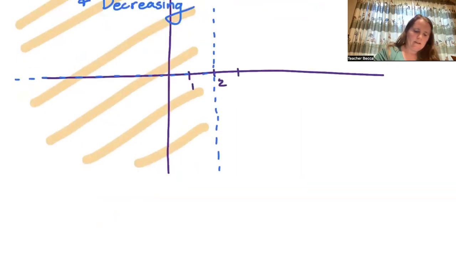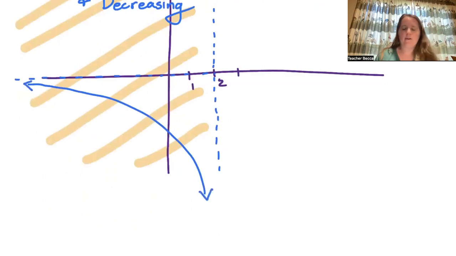So we can essentially just do a horizontal asymptote below the x-axis, followed by a vertical asymptote going to negative infinity in that part to the left of 2.